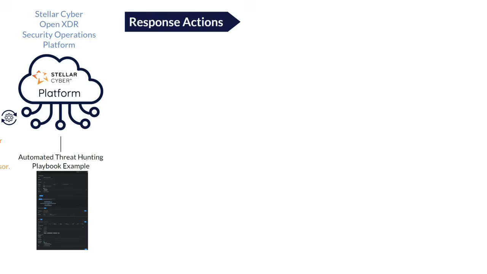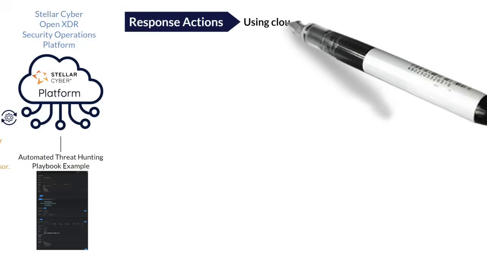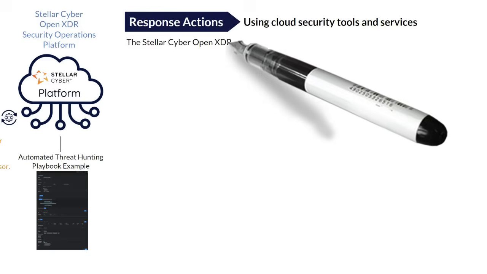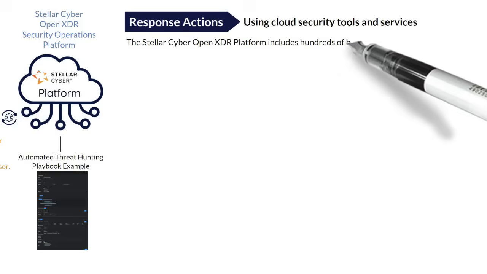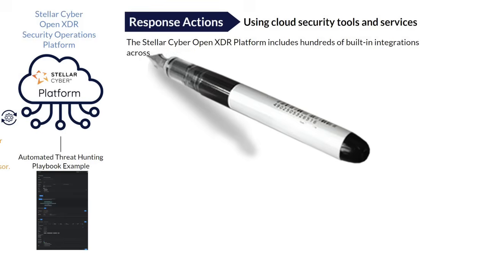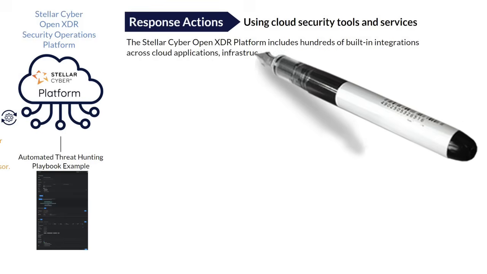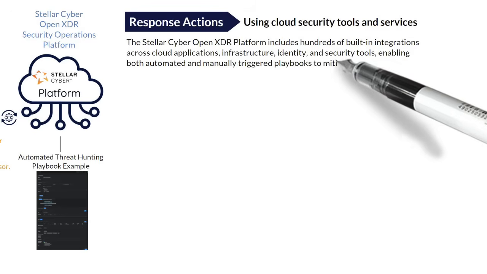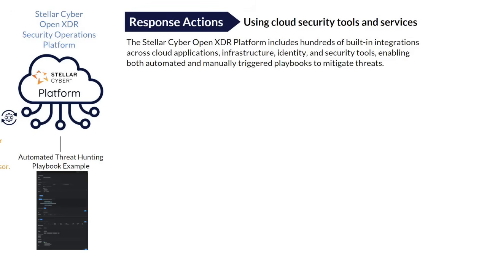ATH playbooks can also automate response actions using cloud security tools and services. The Stellar Cyber Open XDR platform includes hundreds of built-in integrations across cloud applications, infrastructure, identity, and security tools, enabling both automated and manually triggered playbooks to mitigate threats.